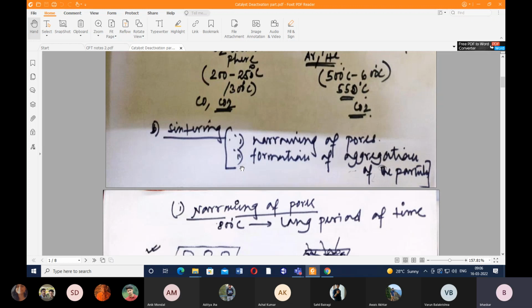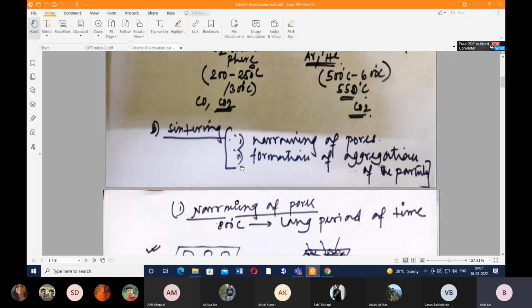If the melting point is above 1000 degrees Celsius, there is minimal possibility of aggregation for the support material. I mentioned several characteristic features of the support: it should have medium to high surface area, and it should have a high melting point, above 1000 degrees Celsius. That's why we use silica, silica alumina, alumina, zeolite, and sometimes molecular sieve, since they have a high melting point.